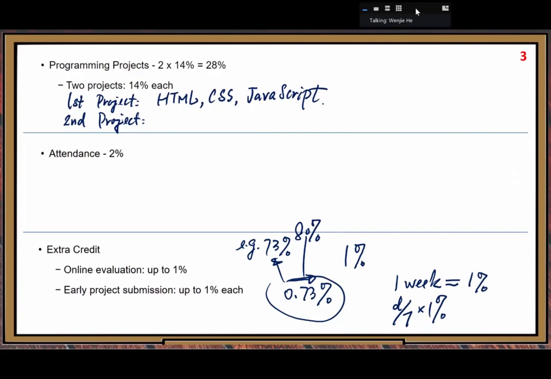You cannot miss that. That's why I accept late submission, because I don't want you to miss too much in the overall average. But I need to give a reasonable penalty because it's late. So that's my basic plan for this semester.